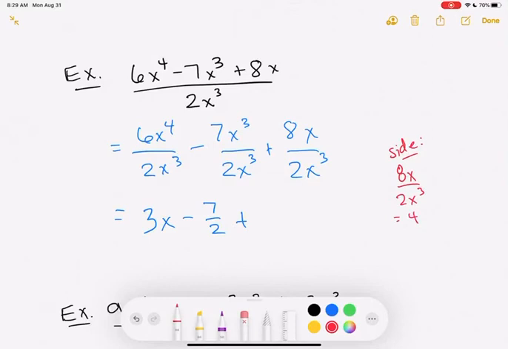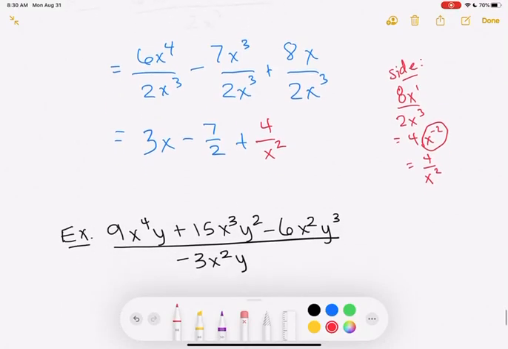And then if I do x to the 1 over x cubed and subtract, that would be x to the negative 2. But remember, we don't want negative exponents, so we're going to send that below on the fraction to get 4 over x squared. So that was just a little bit of side work so you could see where it comes from. This is going to become 4 over x squared because we want positive exponents.